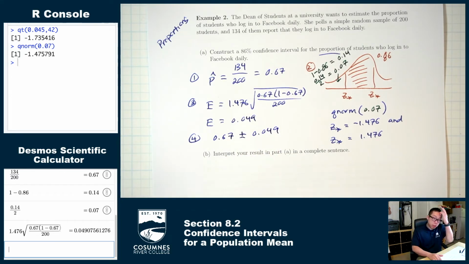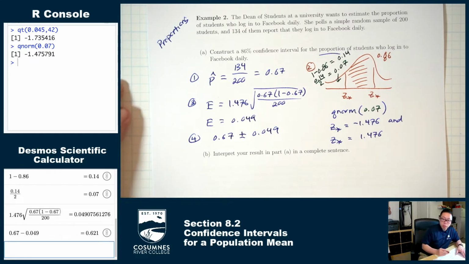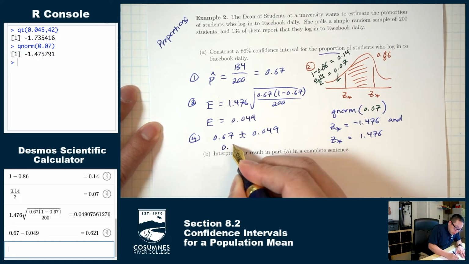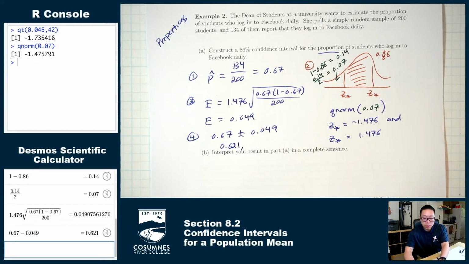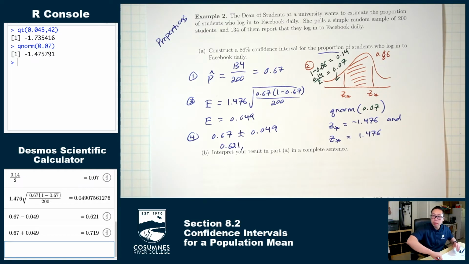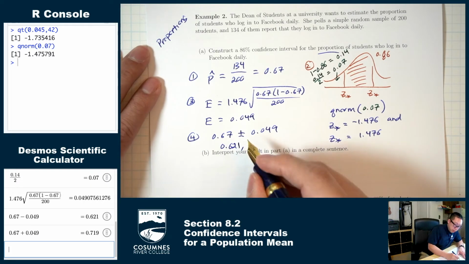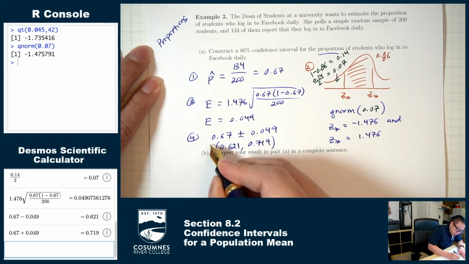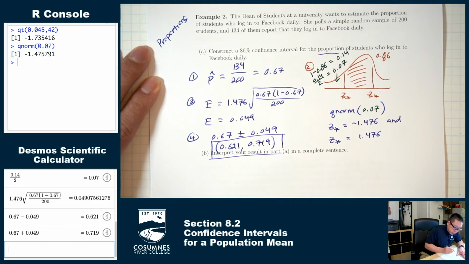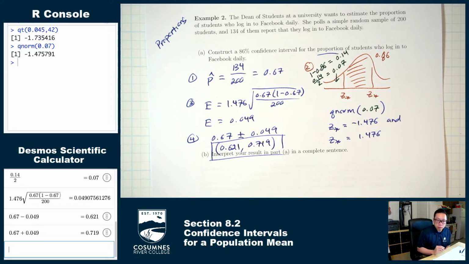Subtract to get the low number, and then add to get the high number. 0.67 minus 0.049 is 0.621. 0.67 plus 0.049 is 0.719. And that's our confidence interval.